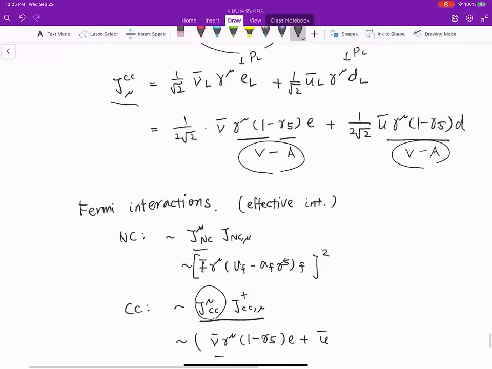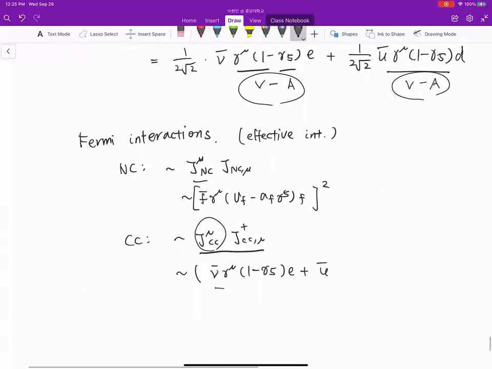So I think the charged current is complex.